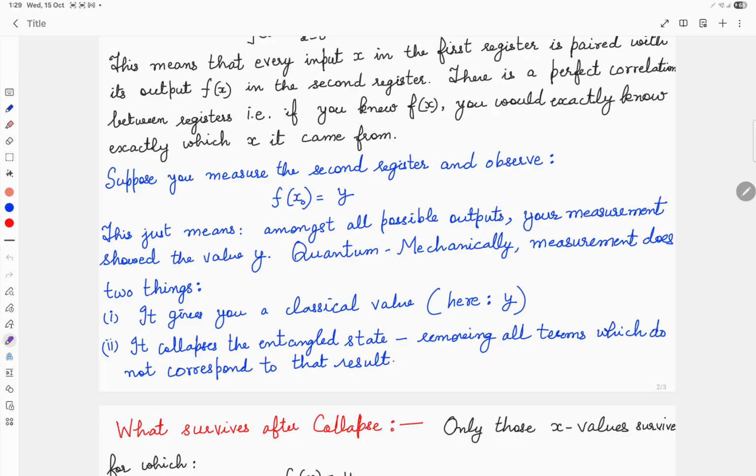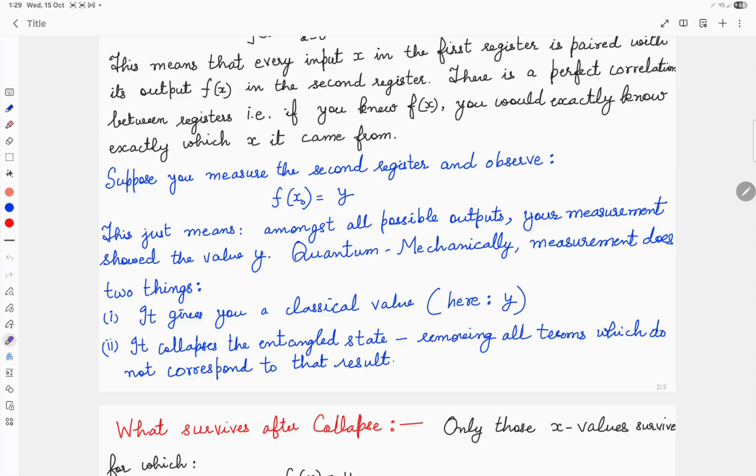And it collapses the entangled state, removing all terms which do not correspond to that result.